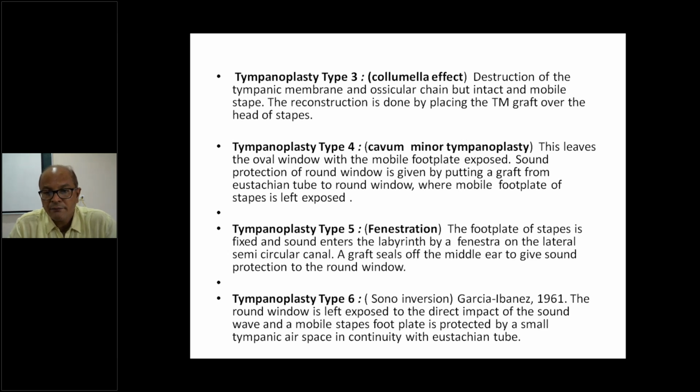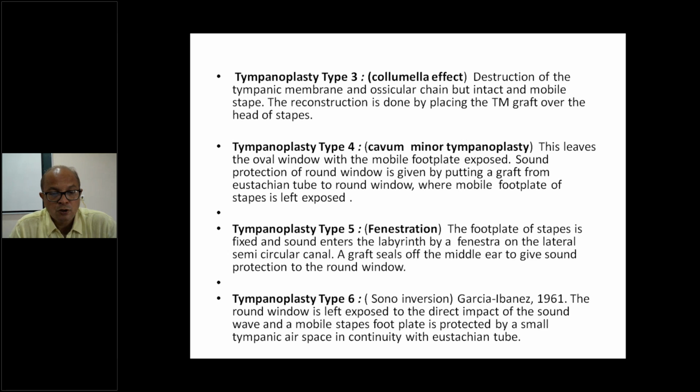If you remember the baffle effect and recall its mechanism, only then can you understand why the footplate is left exposed and the graft is placed from the eustachian tube to the round window. Thereby you protect the round window from direct exposure to sound and preserve the baffle effect.